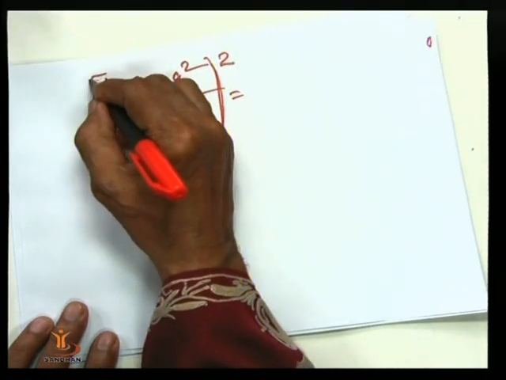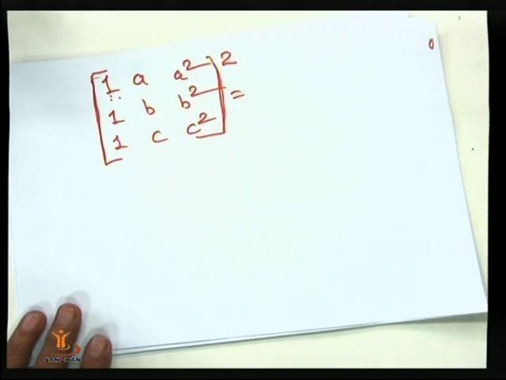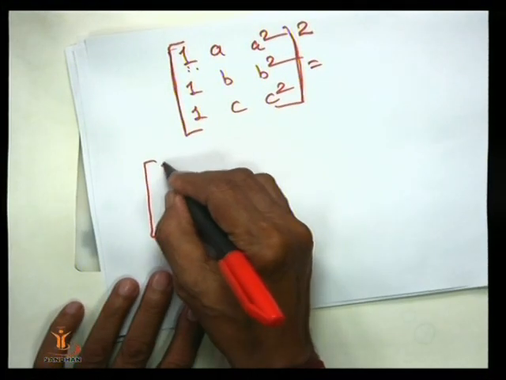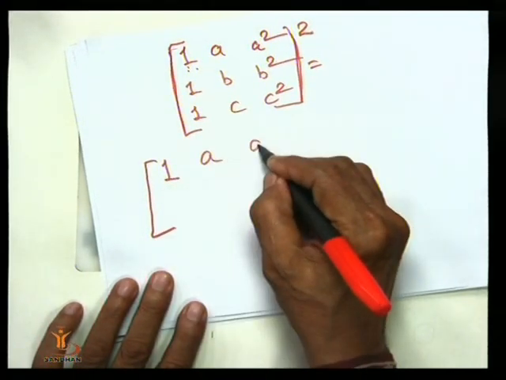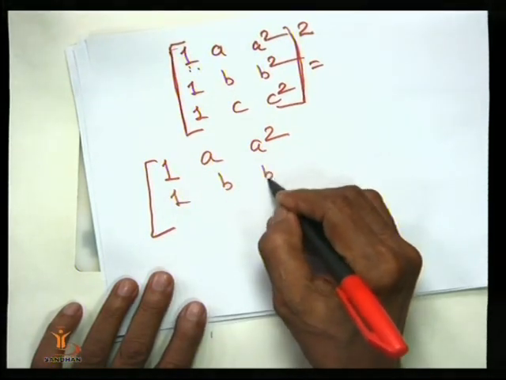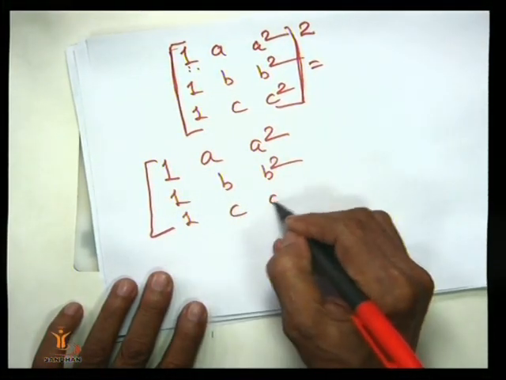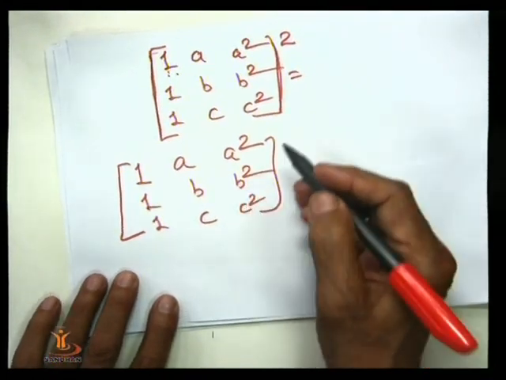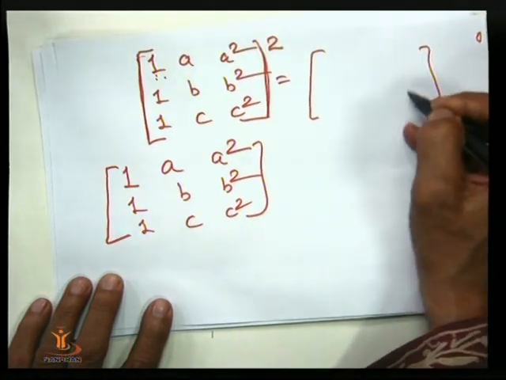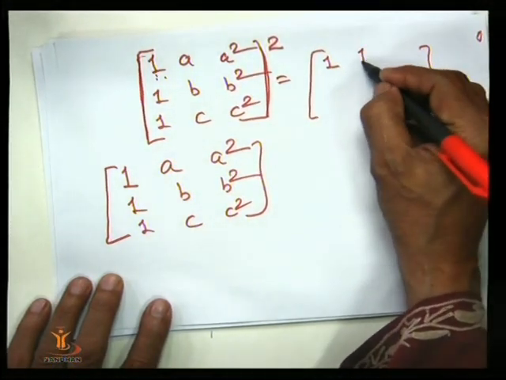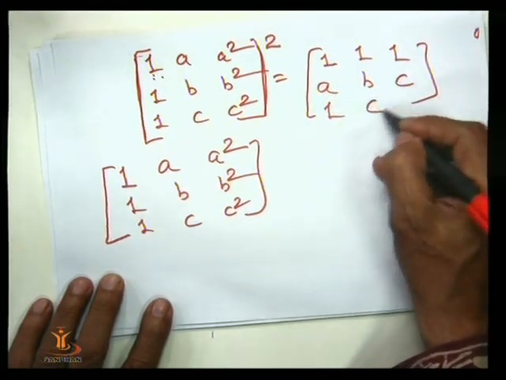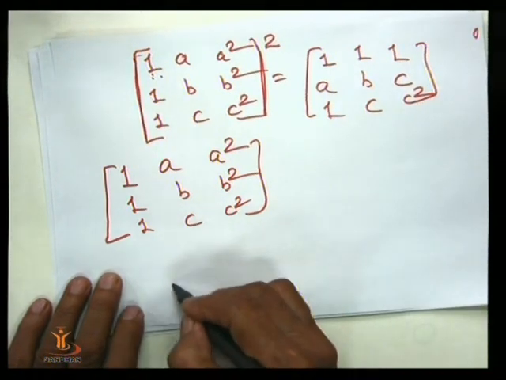So this is a matrix, 1, a, a square; 1, b, b square; 1, c, c square, and its transpose. So I take 1 1 1, a b c, and 1 c square.